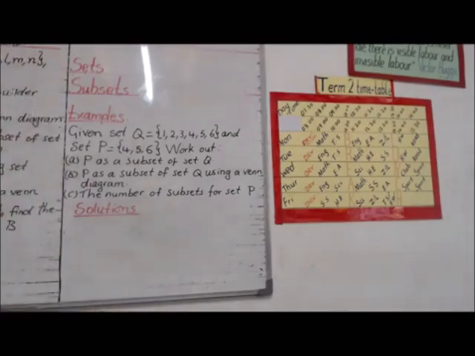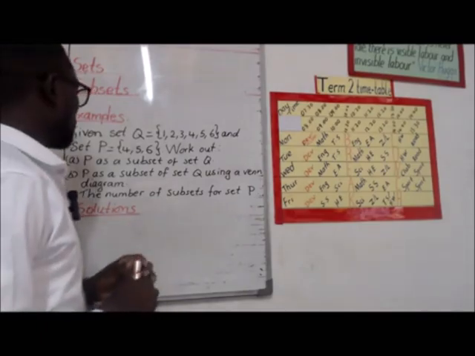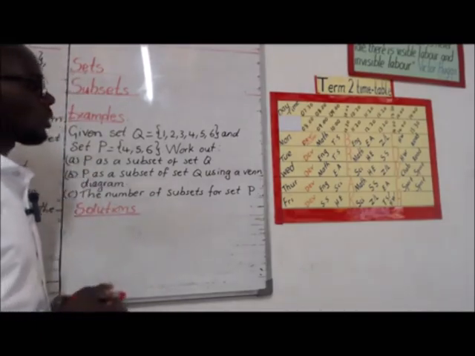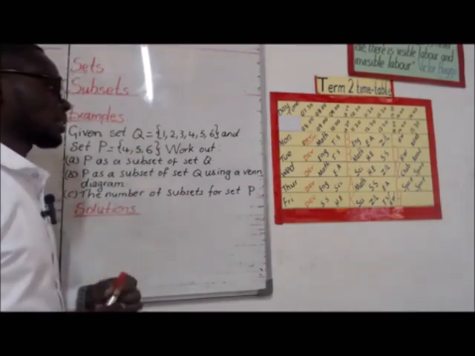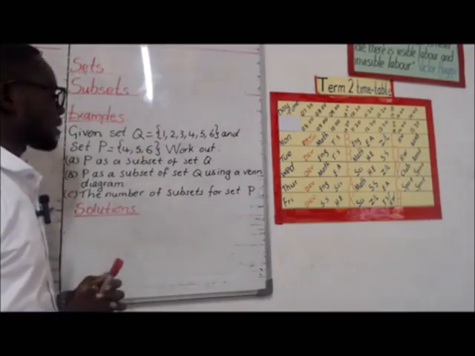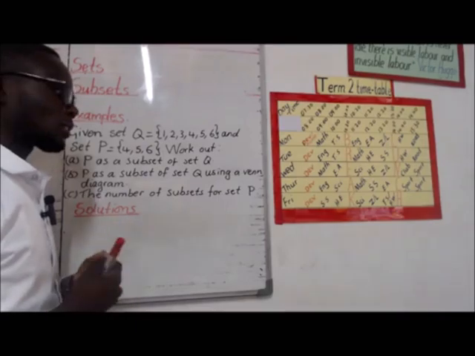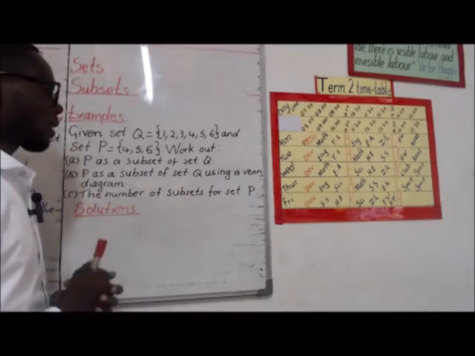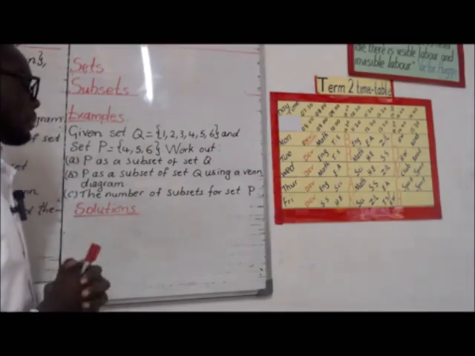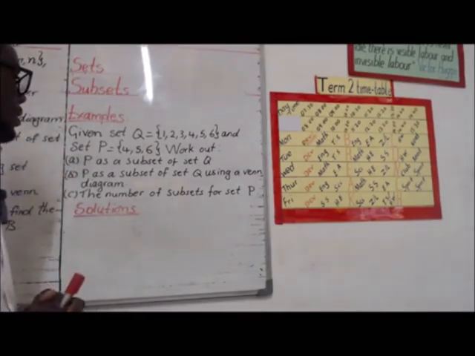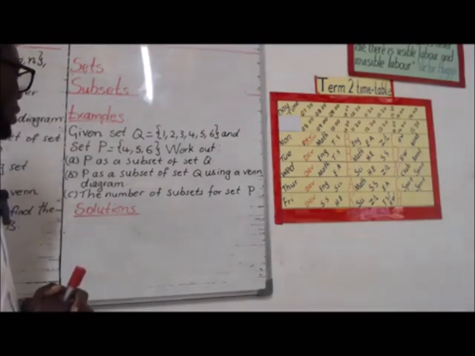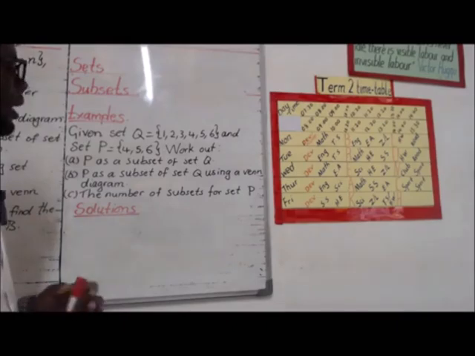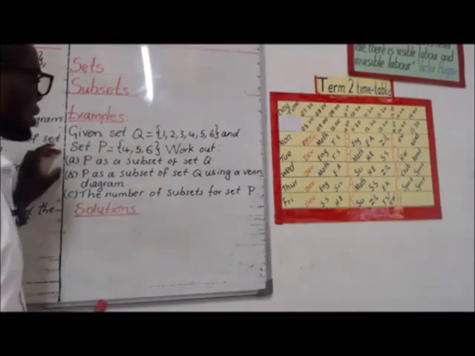I have the example here. It's telling me to say, given set Q as natural numbers, 1 up to 6, and set P as a set of 3 natural numbers. Work out set P as a subset of set Q. Now, this question is not valid.